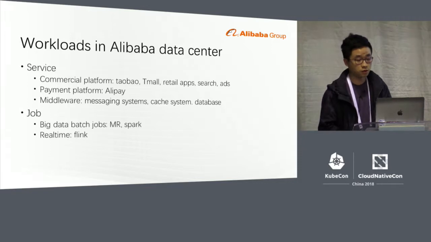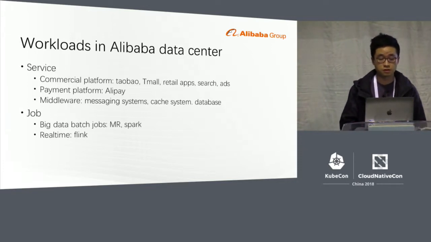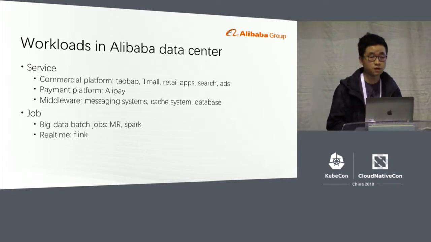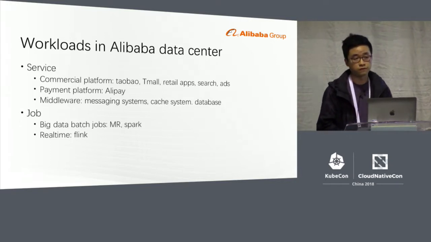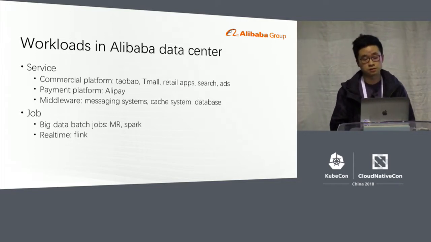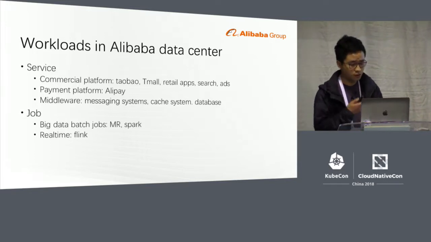The online services also include middleware, queue servers, cache servers, and databases. In Alibaba, we have already containerized 100%, which means everything uses pod and container technologies under Sigma pod management.